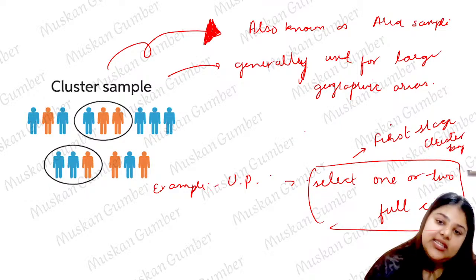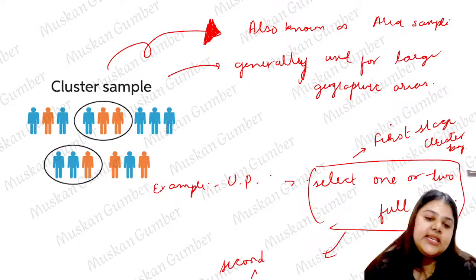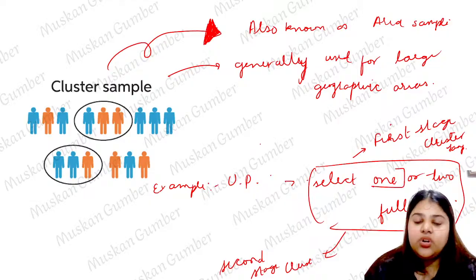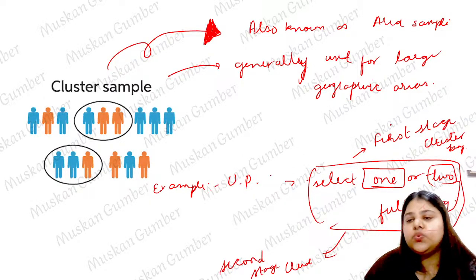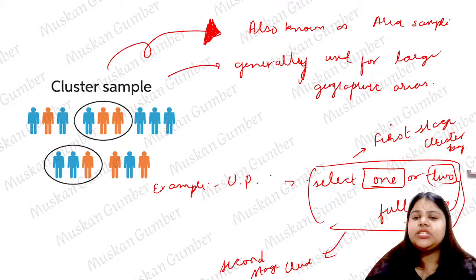And if this data is still too much for me, then I will move towards the second stage cluster sampling, wherein I will do random sampling from these two cities as well. I will select a few people from city 1, a few from city 2, etc.